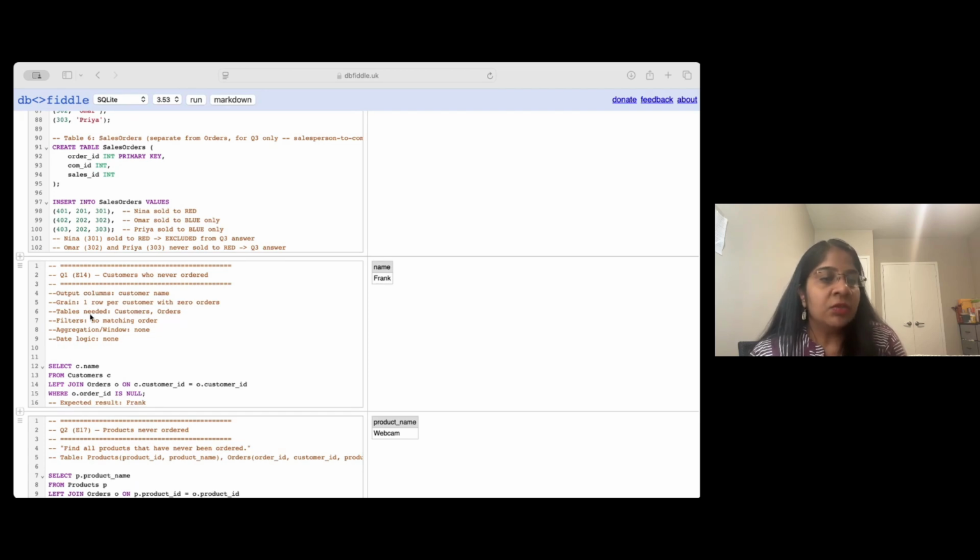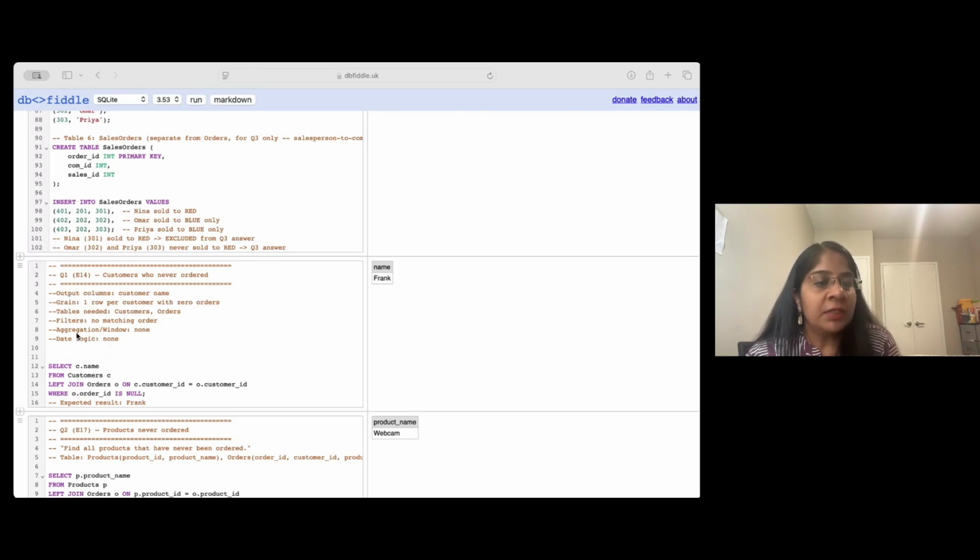Here we are only asking for customers who never ordered, so we just need a customer column. For the tables needed, since it's customers who never ordered, we'll be using two tables: the customer table and the orders table. The filter is to find the ones with no matching order. For aggregation and date logic, we don't have anything on this question, so it's none.